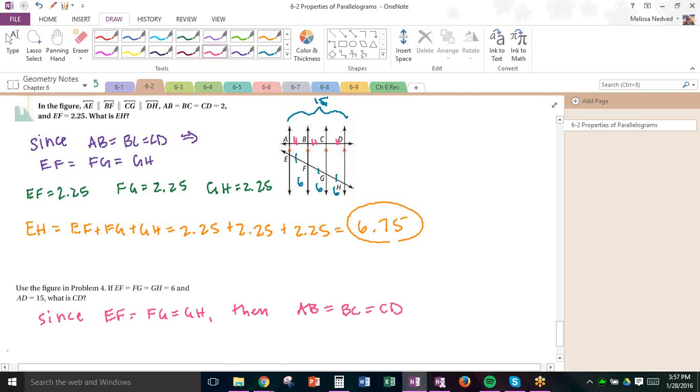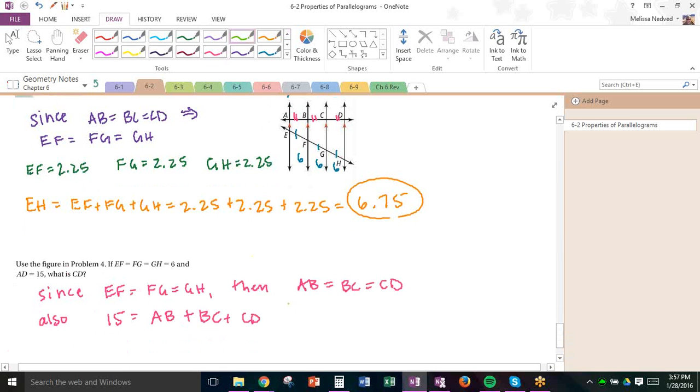The other thing I know is that AD is equal to 15, and AD is going to be equal to all 3 of those segments added together. So 15 is equal to AB plus BC plus CD.